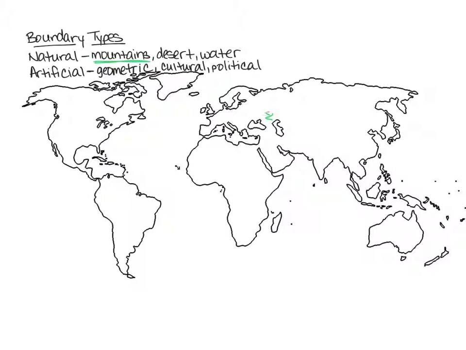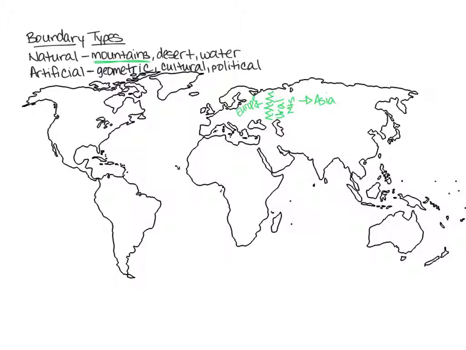It separates Asia from Europe, and it's the Ural Mountains. This way to the east, which some of you don't know, is Asia, and this way to the west is Europe.